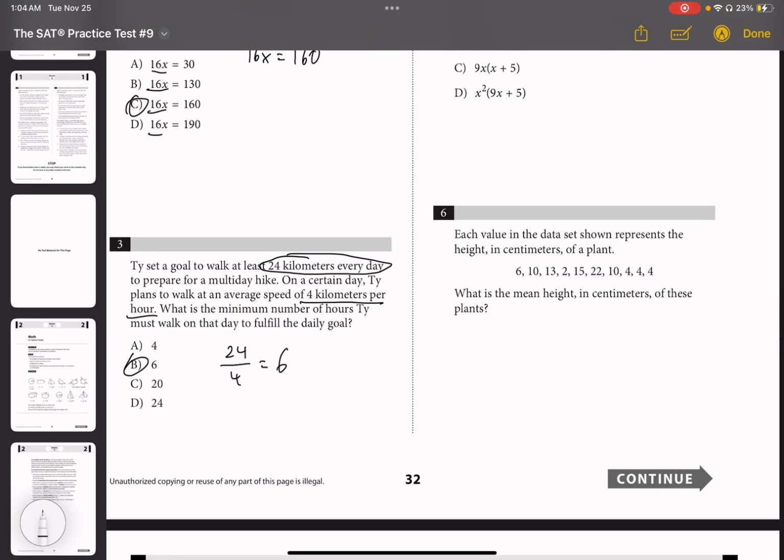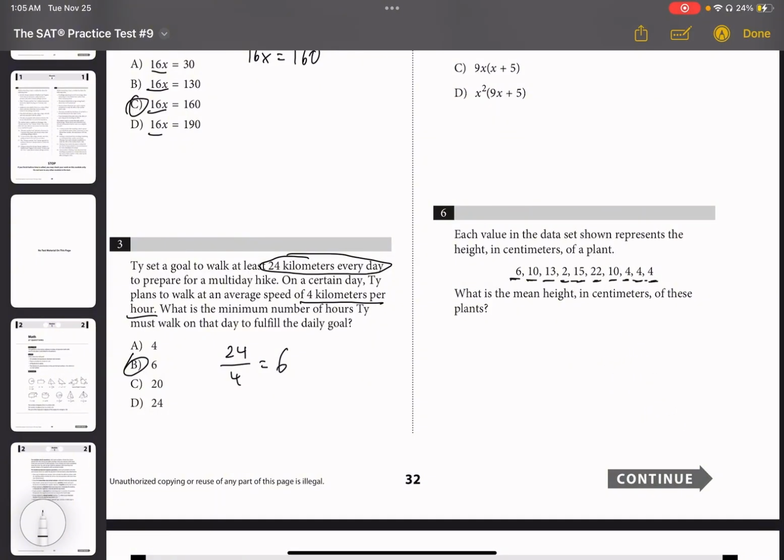Question 6. Each value in the data set shown represents the height in centimeters of a plant. What does this mean, height in centimeters of these plants? Okay, to find the mean, all we're going to do is add up each of these values and divide by the total amount of values. So to check how many values we have: 1, 2, 3, 4, 5, 6, 7, 8, 9, 10.